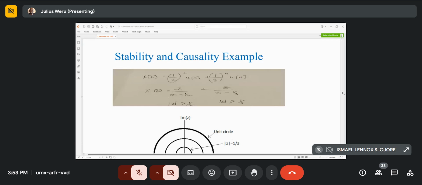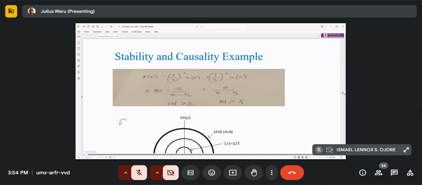What this is telling you is that whenever you have u of n, it means this is causal. The u of n makes sure this is a right-hand sequence.